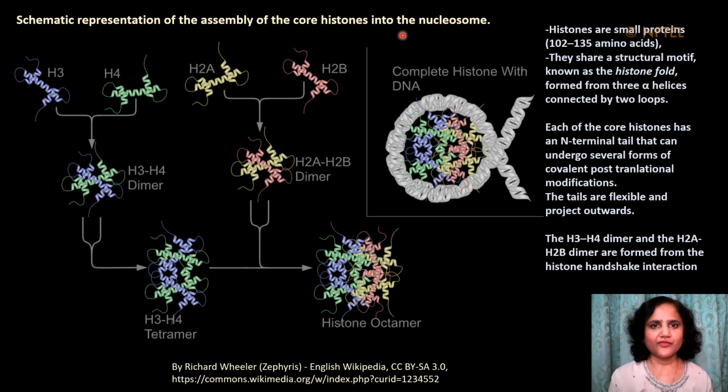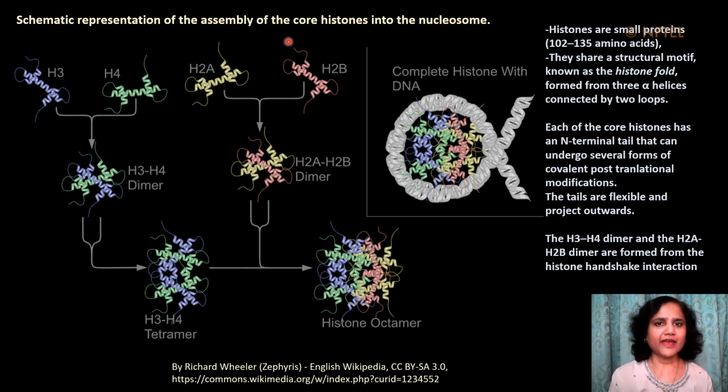This is formed of 3 alpha helices which you can see here, which are connected by loops. Each of the core histones also has an N-terminal tail that can undergo several forms of covalent post-translational modifications, and these tails are highly flexible and they project outwards from the nucleosome.